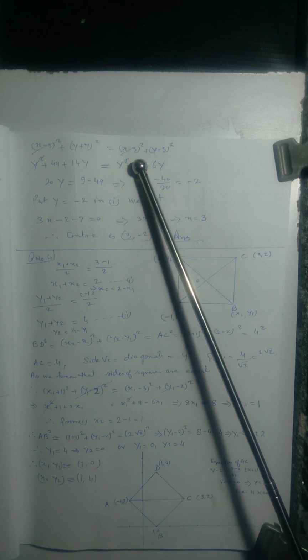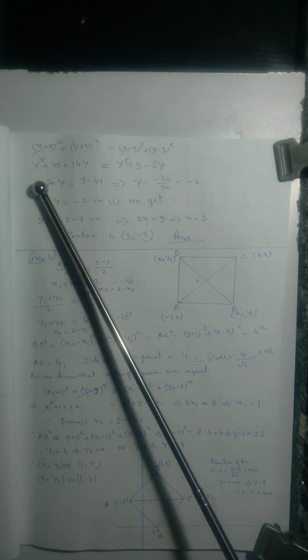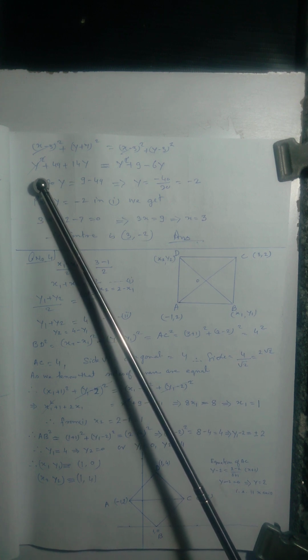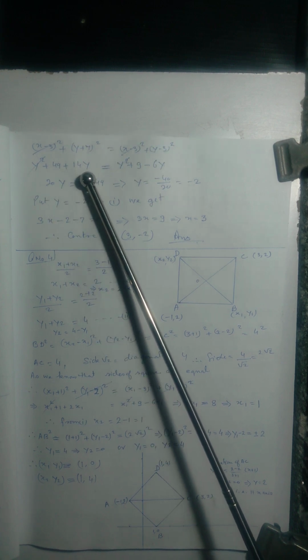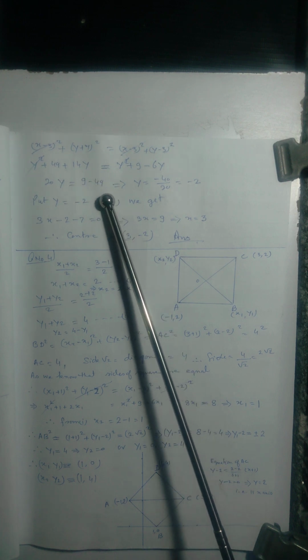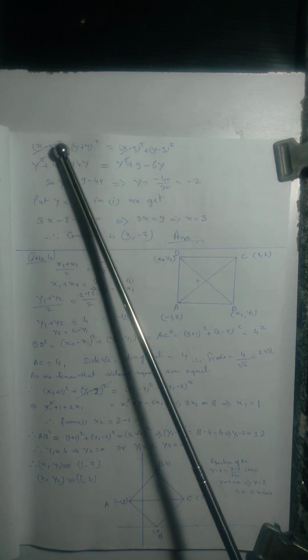That is x minus 3 whole square plus y plus 7 whole square equal to x minus 3 whole square plus y minus 3 whole square. Now you see here y square plus 49 plus 14y is equal to y square plus 9 minus 6y, because x minus 3 whole square and x minus 3 whole square, one is on the left hand side, other is on the right hand side, these two will be cancelled.